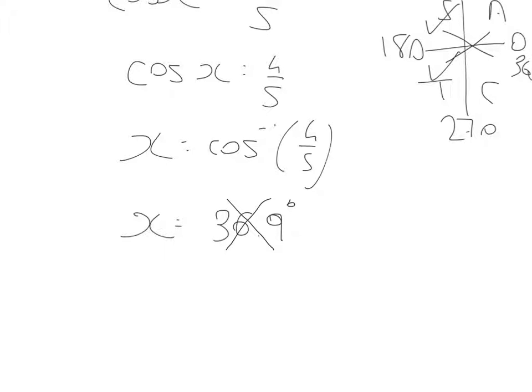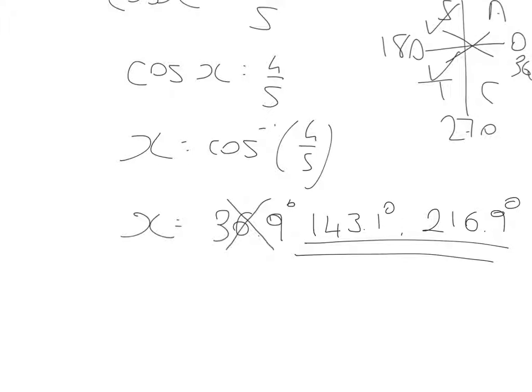You're looking in the sine quadrant, and remember in the sine quadrant it's 180 take away your answer, and you're looking in the tan quadrant because that's the other one we've ticked, and that's 180 plus your answer. So 180 take away 36.9 is 143.1 degrees. That's my sine quadrant solution. Tan quadrant solution is 180 plus 36.9, and that's 216.9 degrees. And that's the final answer to the question.